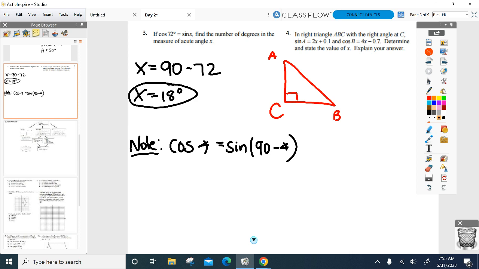The sine of A is equal to this, and the cosine of B is equal to that. What do I know about these two in this diagram? Sine of A and cosine of B. The angles are complementary. Yes, the angles are A and B, but what do I know about the sine of A and the cosine of B?